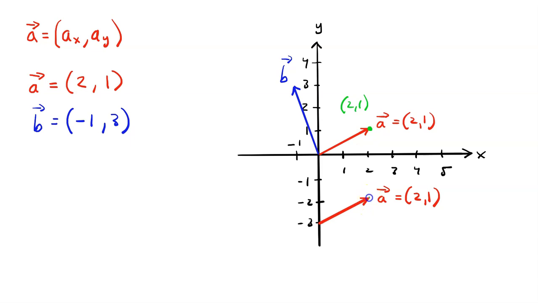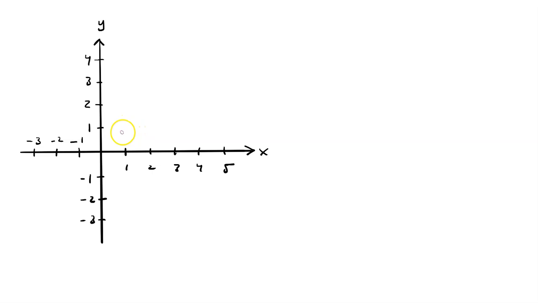If you take this point instead, it has coordinates 2, -2. So here we don't have the same as the point coordinates. But if we start with the vector in the origin, then the endpoint will have the same coordinates as the vector components.